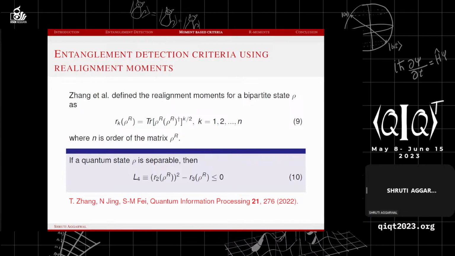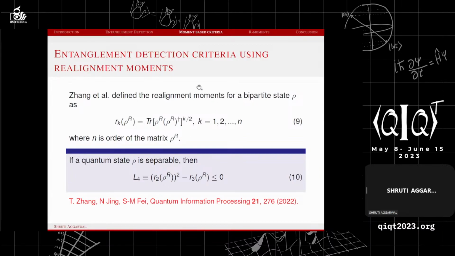Rho R denotes the matrix obtained after applying the realignment operation to the density matrix rho, and we take rho R dagger rho R and take the trace to the power k by 2. This is how the kth moment of a realignment matrix is defined in this paper, and the separability criteria is given in the form of an inequality, which again involves up to third order moments.